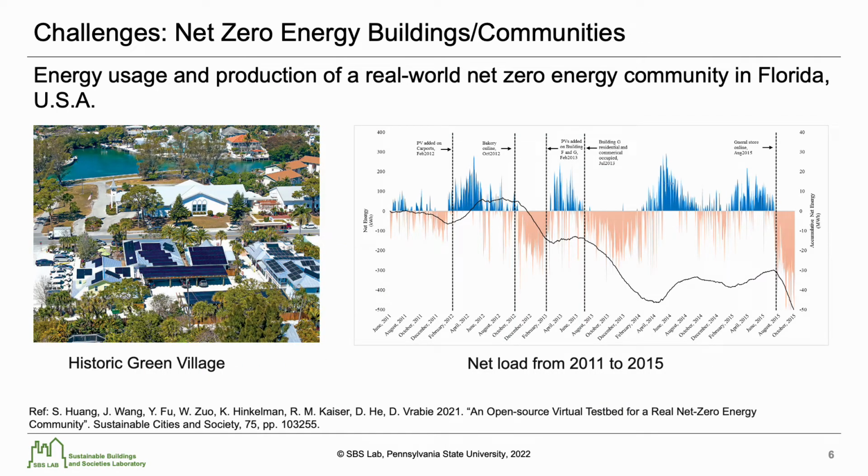Another challenge is brought by the net zero energy building or community with on-site renewable energy generation. For example, this slide shows a net zero energy community in Florida named Historic Green Village. The white figure shows the net load of this community in the past 4 years.